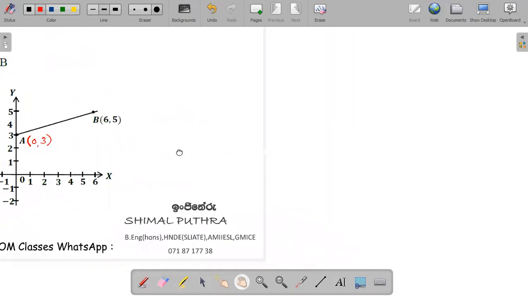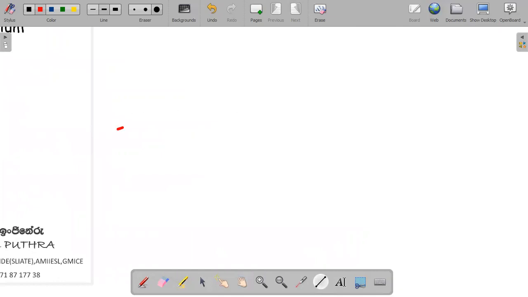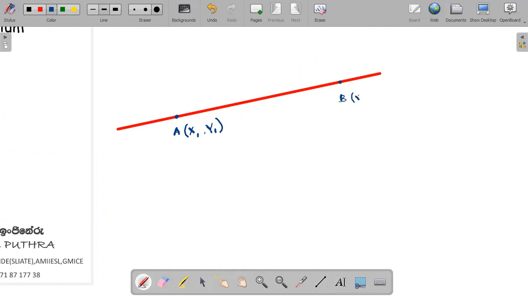Just forget about this question. Imagine there is a straight line. I know two coordinates of this straight line. This coordinate is A, x1 comma y1. And there is another coordinate called P, x2 comma y2. I need to find this gradient.